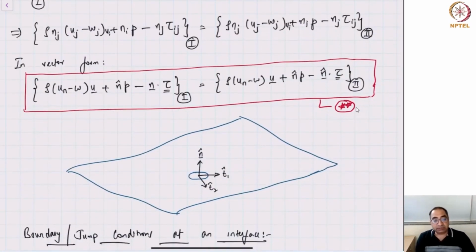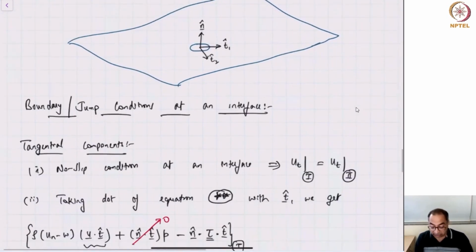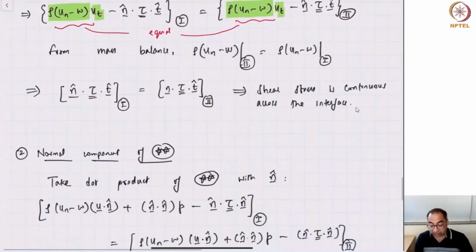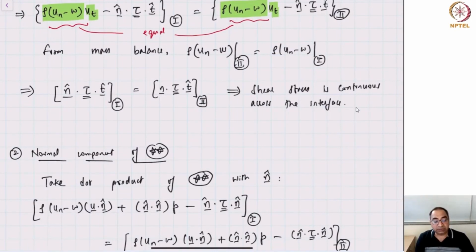Because momentum is a vector, the jump condition also turns out to be a vector. So it is convenient to think in terms of individual components: a normal component and a tangential component. To get the tangential component, we just took the dot product of that vector with the tangent vector, and we find that the shear stress is continuous across the interface.